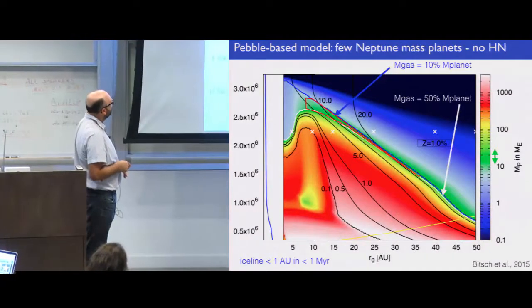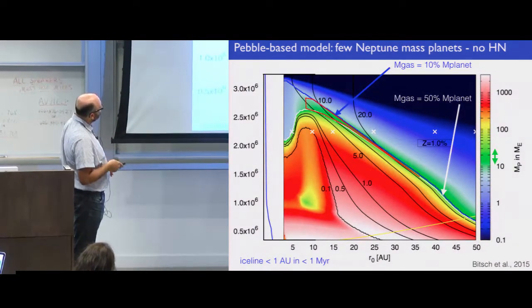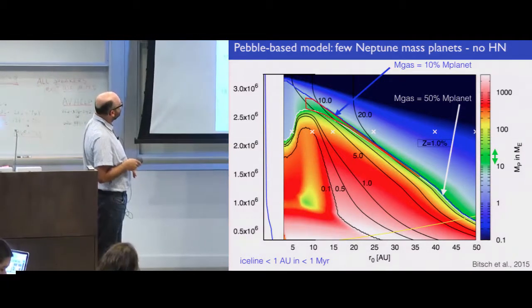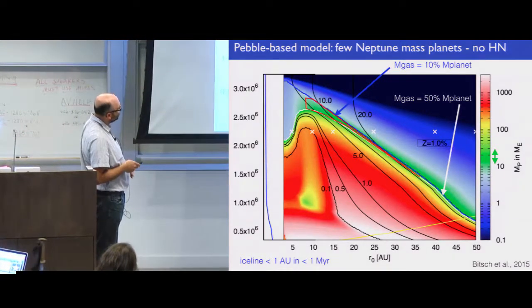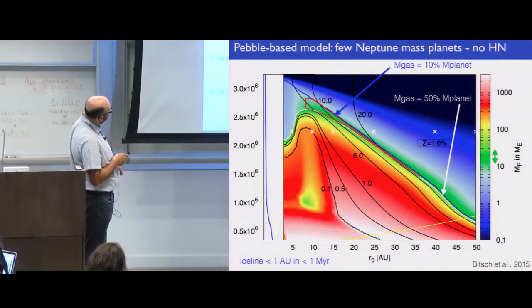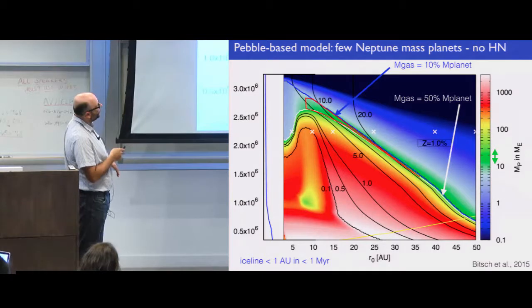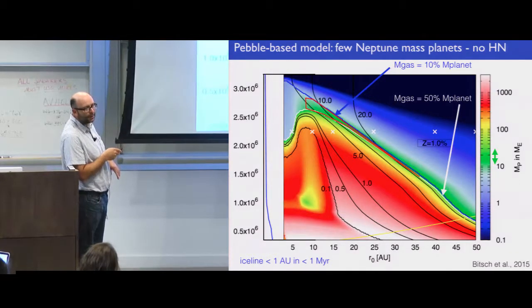Something interesting you can see here is the formation of Neptune mass planets. Neptunes are green in this scale, and Neptune mass planets are around 10 AU. The blue line here is the line where you have 10% of the mass in gas, and the white line is the place where you have 50% of the mass in gas.